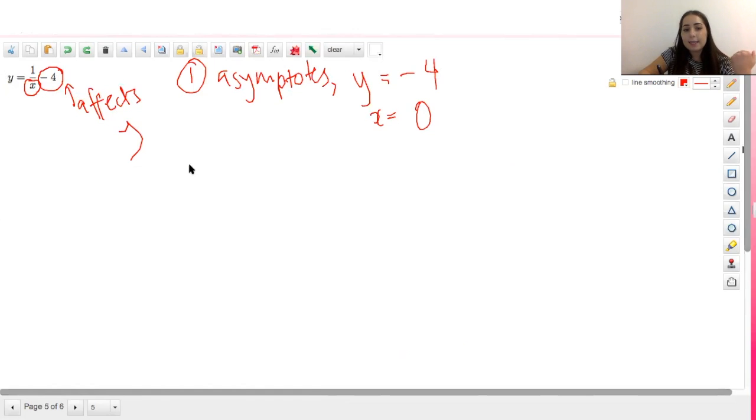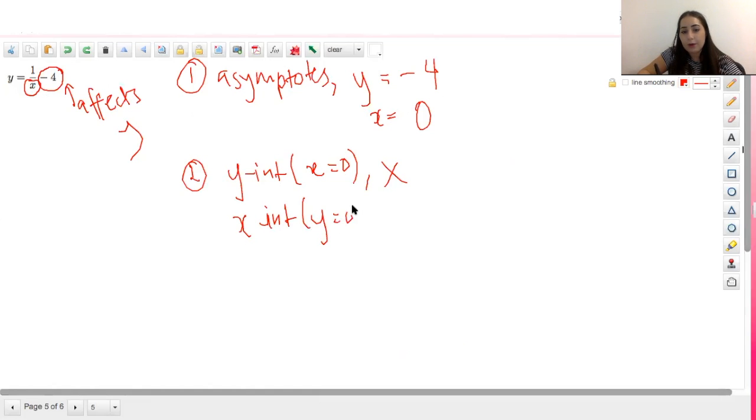So now let's consider the intercepts of the curve. Let's consider the y-intercept first, when x equals 0. We know that x cannot equal 0 because this will make this function undefined. Therefore, we have no y-intercept. Let's consider our x-intercepts when y equals 0. I substitute 0 into y.